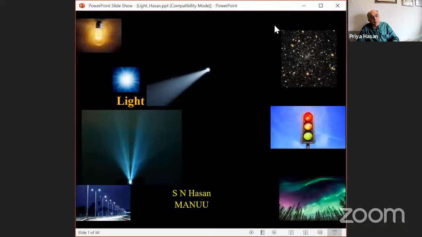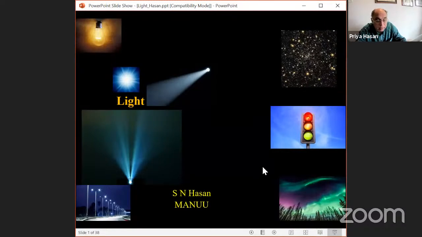Yeah, so what is light? We see light all around us. We get light from the stars, we have light from the signals, we have an electric bulb, and we have these beautiful aurora borealis, which are discharges which we see in the northern and the southern hemispheres.